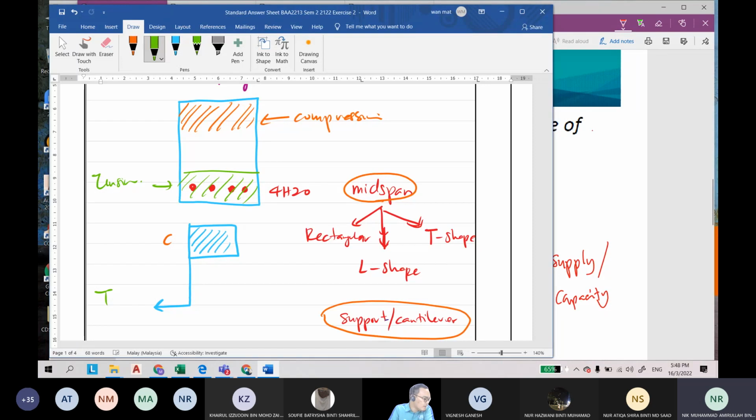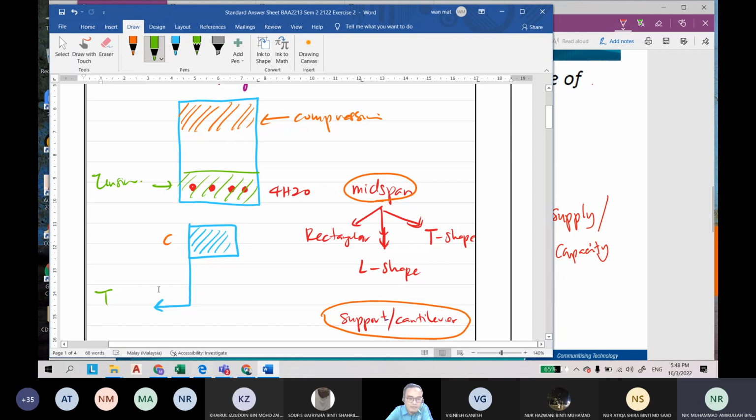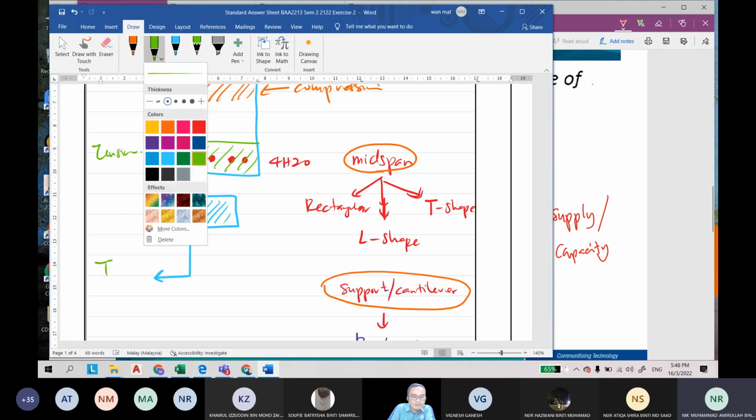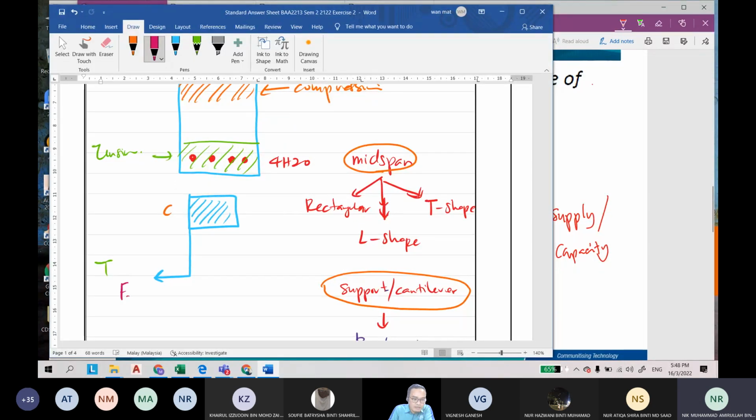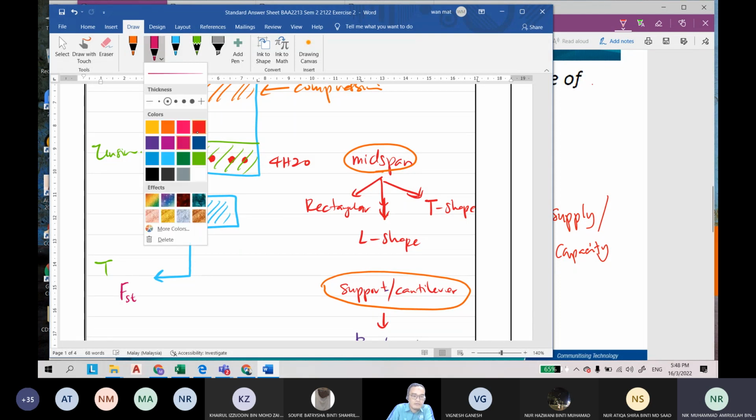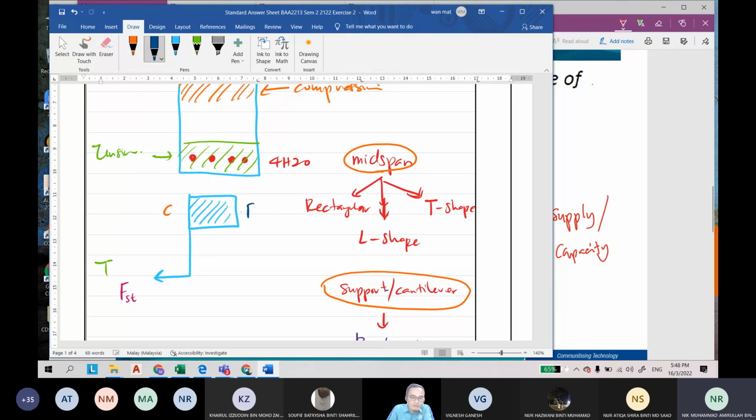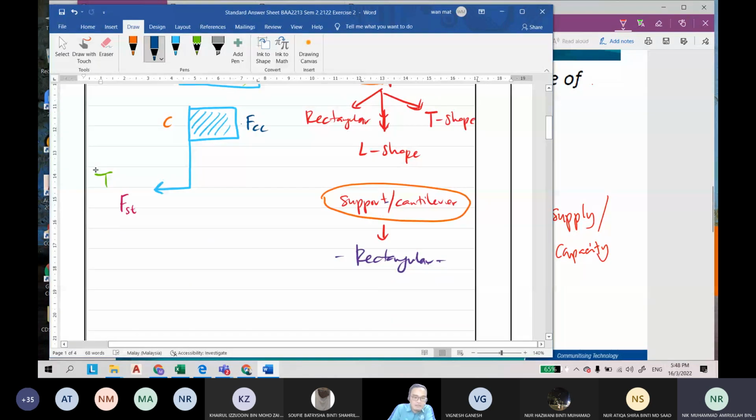Compression is covered by the concrete, and tension is covered by the steel. So this is FST, forces inside the steel, and this one is FCC.